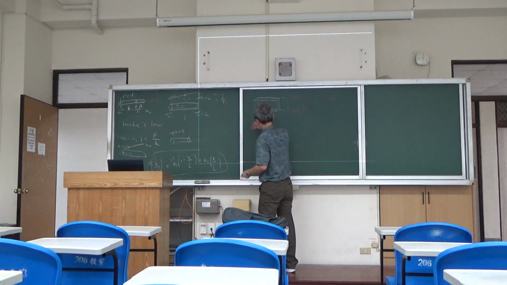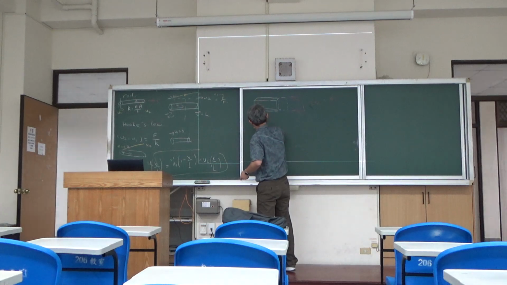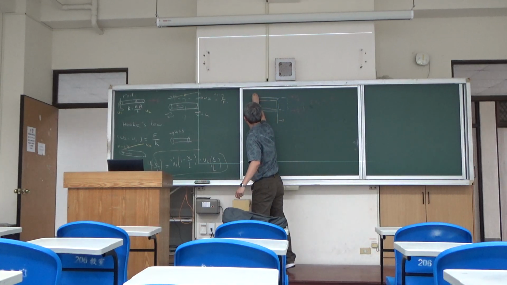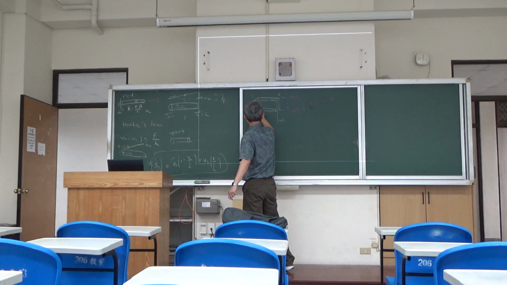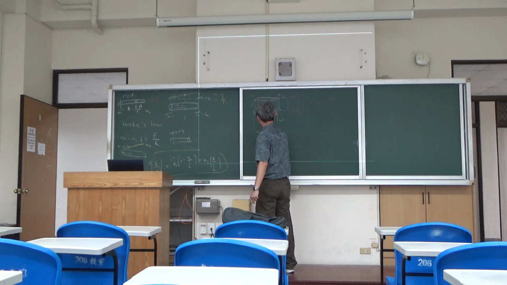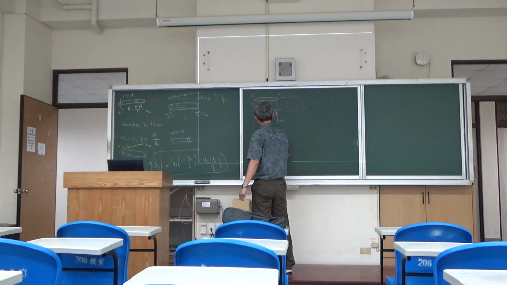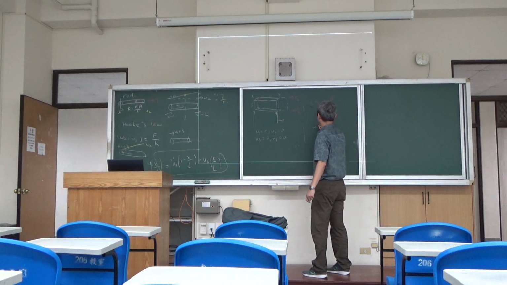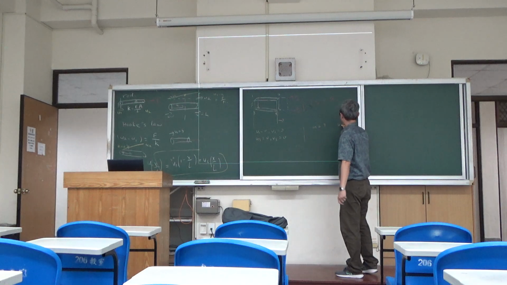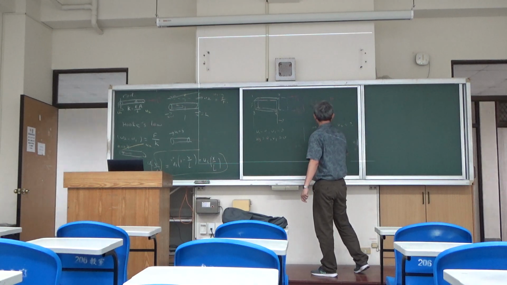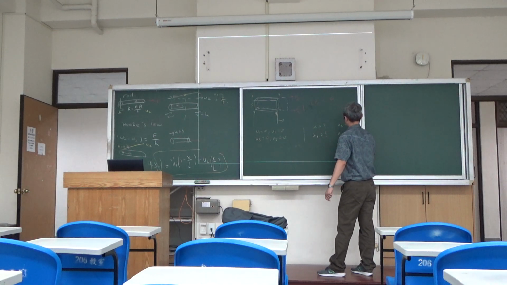You might have nodes 1, 2, 3, 4. U1 is 0, U3 is 0, V1 is 0, V3 is 0. And the question here is, how much is your U2? How much is your V2? How much is your U4? And how much is your V4?